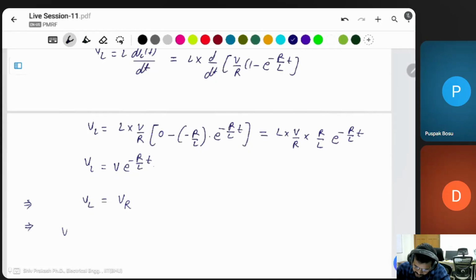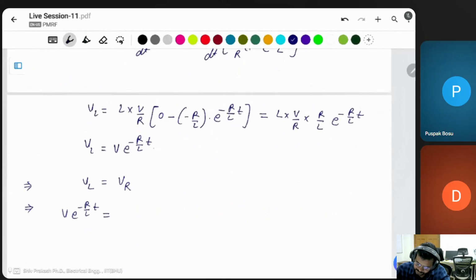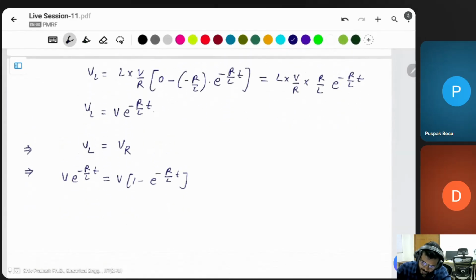VL is V into e to the power of minus R by L into T. VR is equal to V into 1 minus e to the power of minus R by L into T. V cancels out, so e to the power of minus R by L into T is equal to 1 minus e to the power of minus R by L into T.